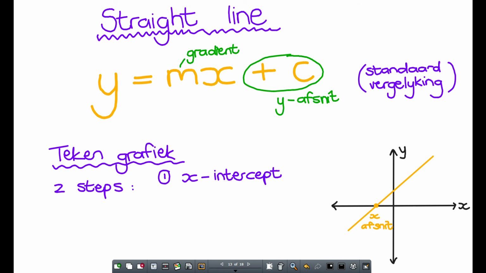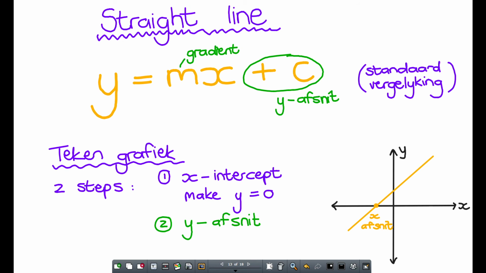Okay, so to get the x-intercept, I'm going to make y equal to 0. I'll do examples just now. Right, that's step 1. Step 2, we've gotten our x-intercept, so now we want our y-intercept. Jy soek nou jou y-afsnit.